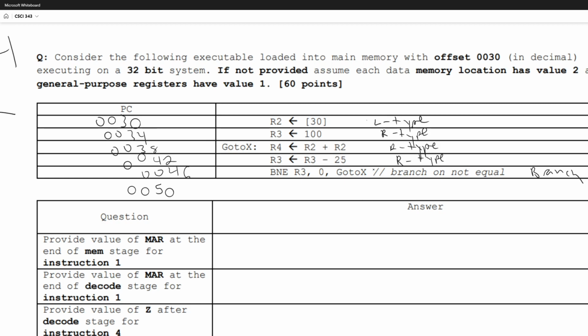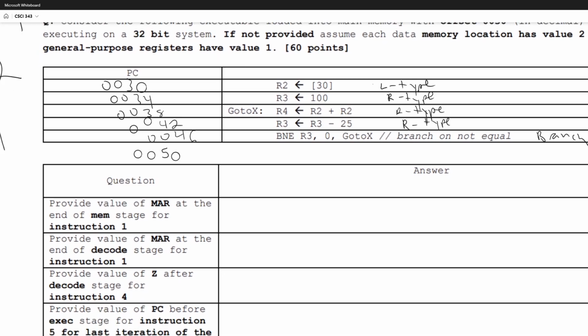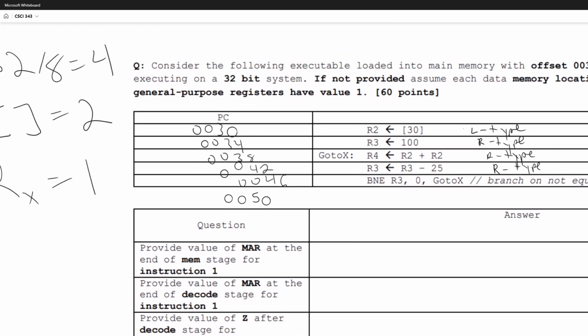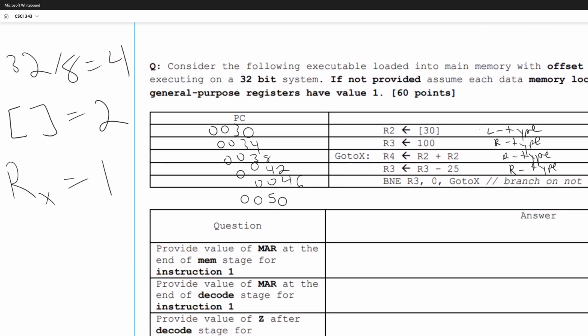Provide value of MAR at the end of the mem stage for instruction 1.